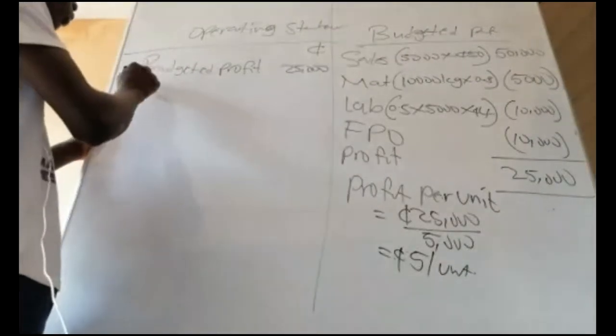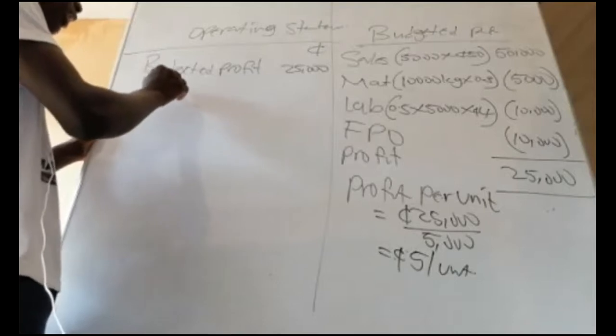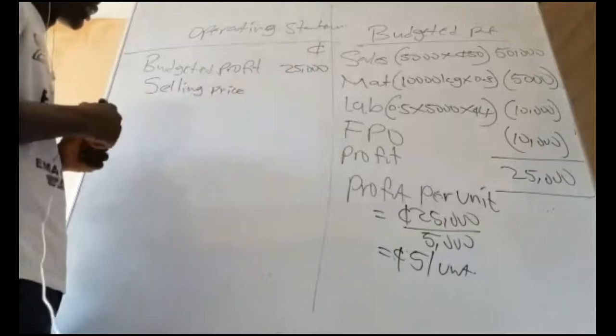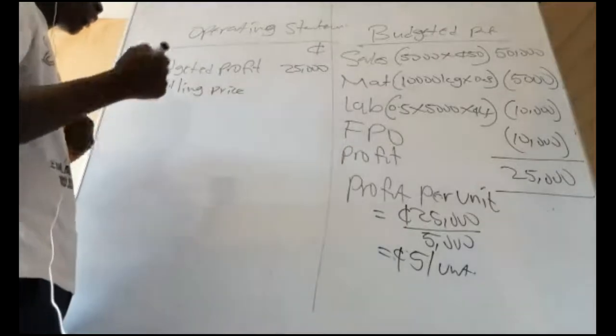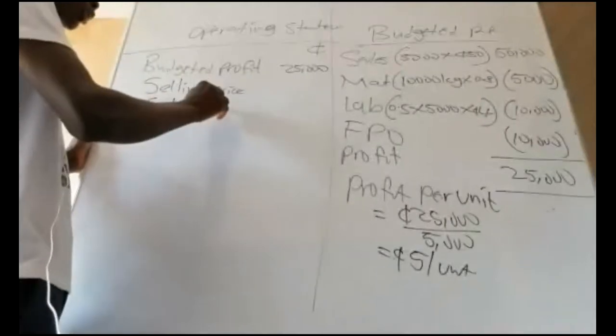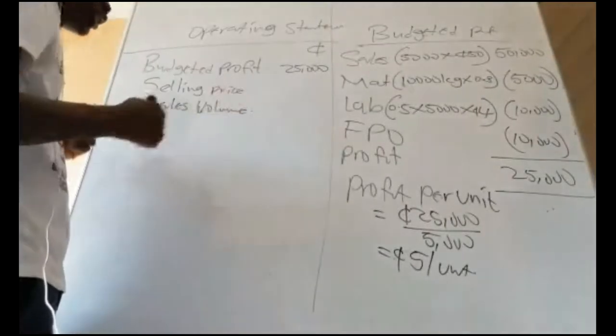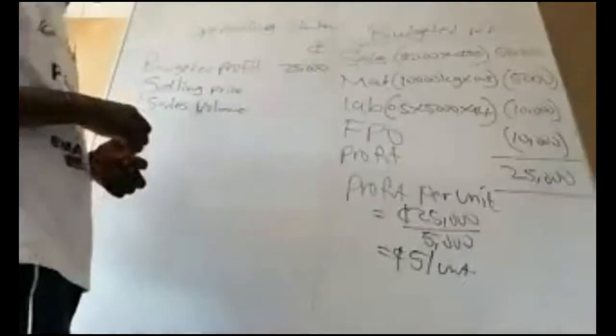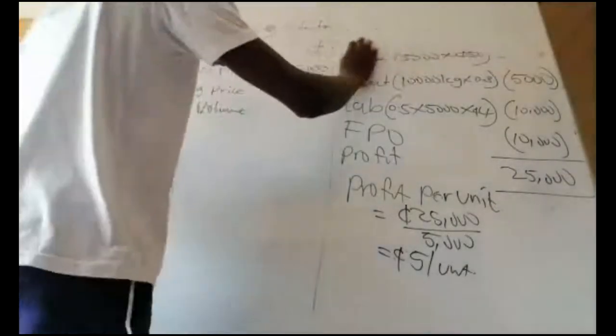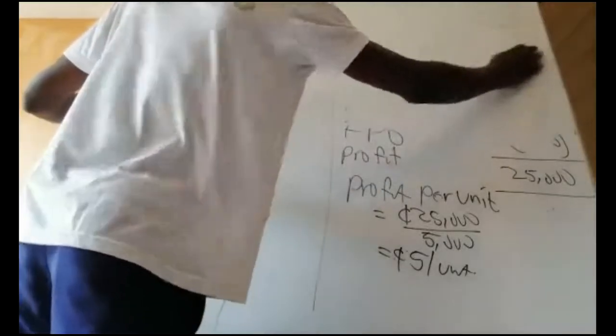So let's do the selling price variance, and then the sales volume. For selling price, we compare the difference between the budgeted sales and the actual selling price. Then we are done.